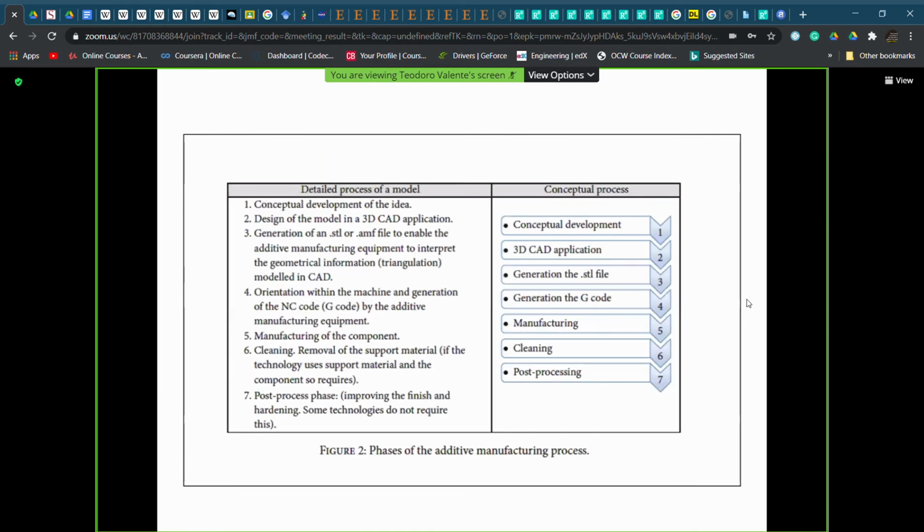Here you have the phases of an additive manufacturing process, in which we start from a conceptual development, and then we have, with all the subsections, the three-dimensional computer-aided design application, that is the design of the components, so the generation of the code of the file, which can control the manufacturing steps.